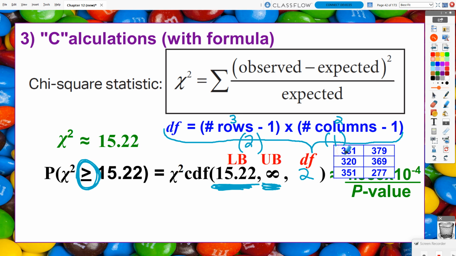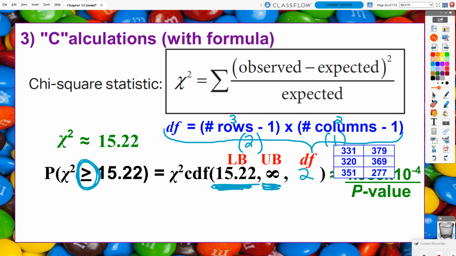Once we found these first 2 expected count cells, from there we didn't really need to use that formula anymore. So once we had used that formula twice, that ties in directly with our degrees of freedom. Because consider, this is the number of rows minus 1, there's 2, times the number of columns minus 1, which is just 1, and 2 times 1 makes 2.